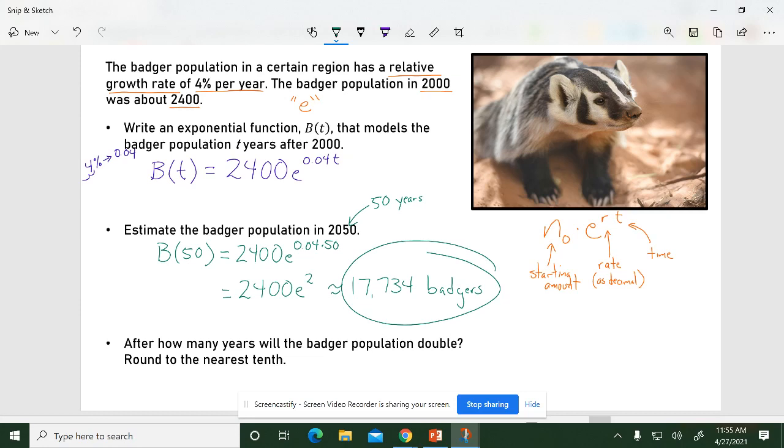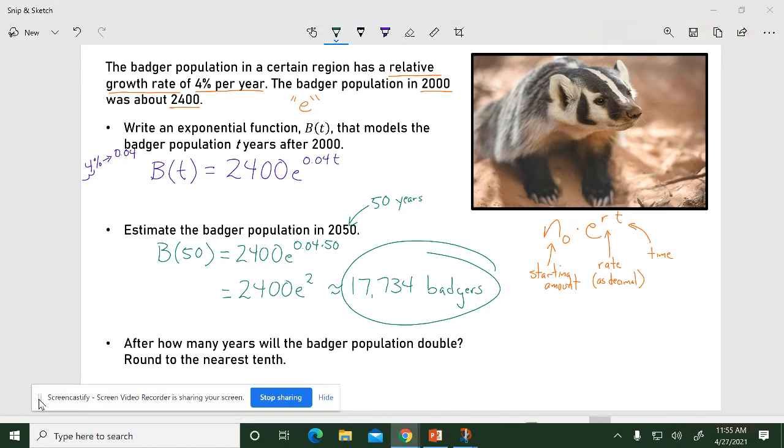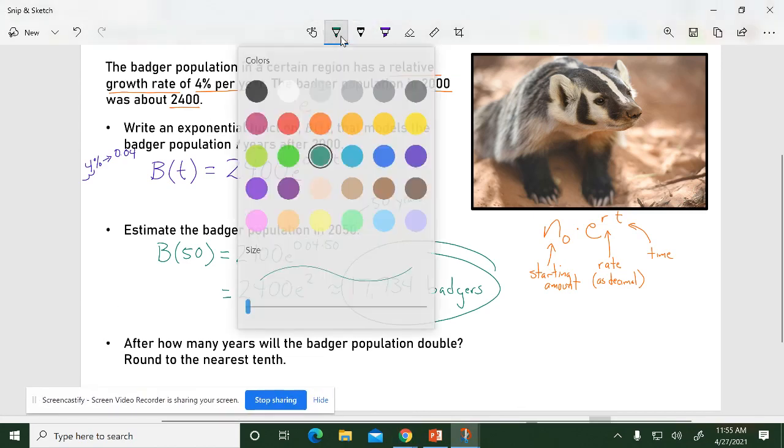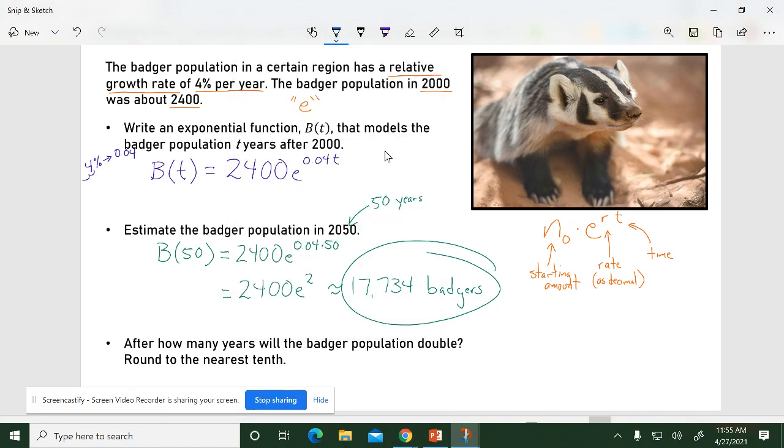All right. Third thing we got to do, after how many years will the badger population double? Round to the nearest tenth. Okay, so what we have to think is if we start with 2,400 badgers, doubling would mean having twice as many badgers.